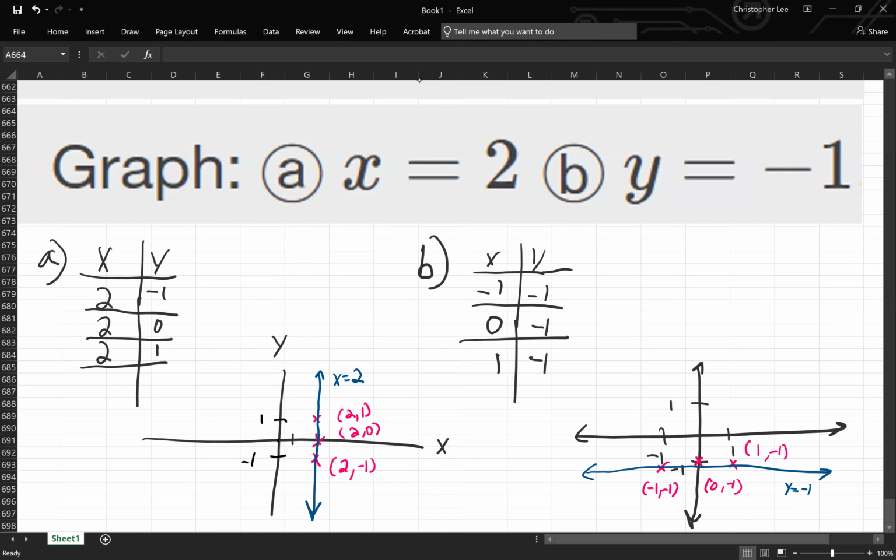All right. Questions on this? Go ahead. They gave me A and B, and I just filled in the table of values and plotted the points, and that was it.